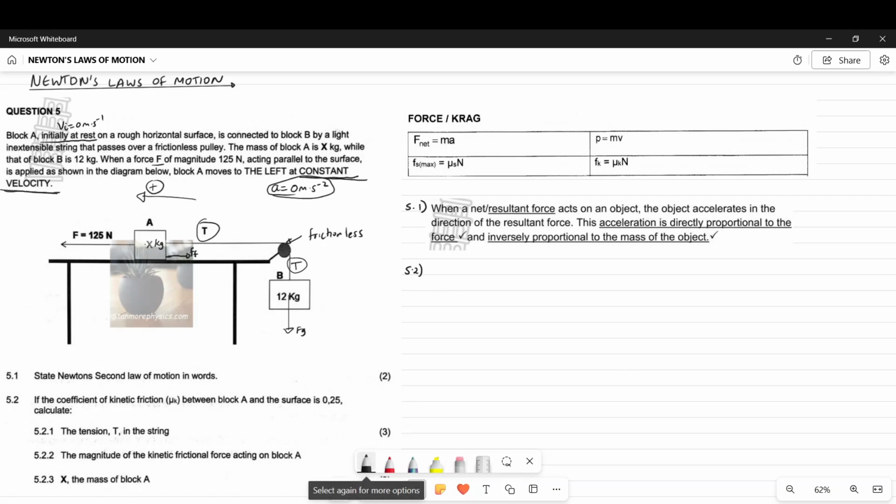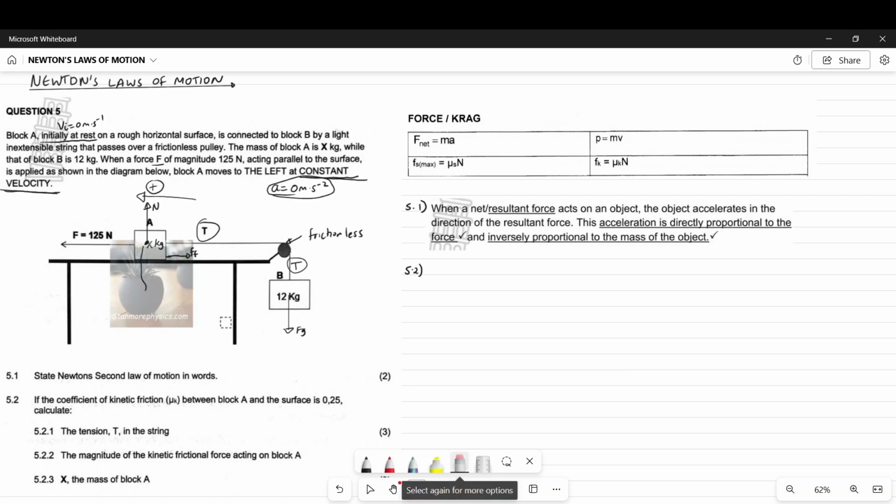Now over here we can get a force diagram. We can get a normal force. I'll advise you to do the way I'm doing it over here. You can do this on your question paper, right? And then down here we can have Fg.